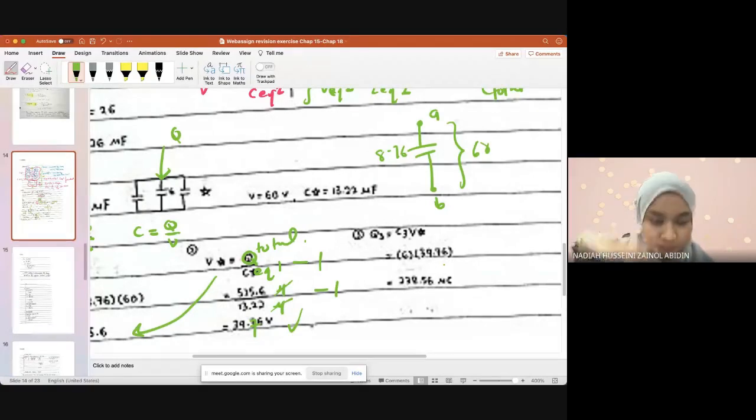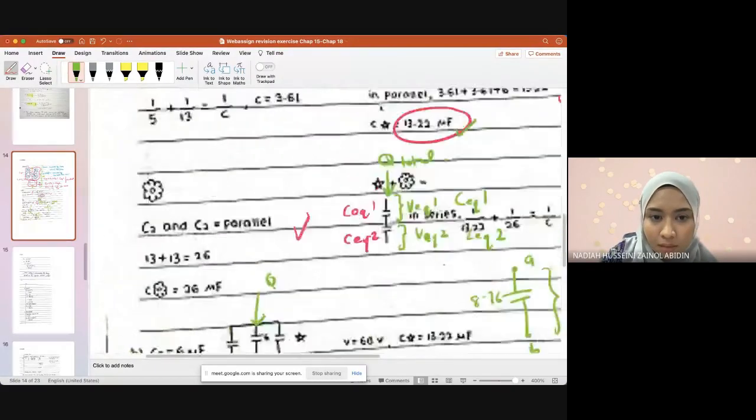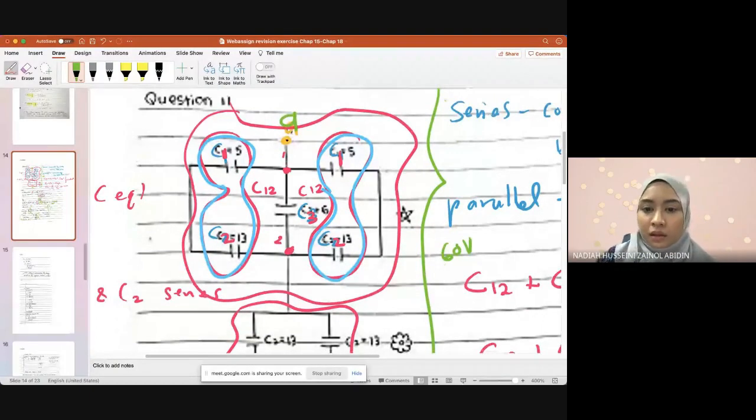What is the question actually? Question number 11 is asking you the charge stored on C3. Now the question is, we already know the V from here to here. We know the V equivalent number 1. The question is asking, what is the V at C3?